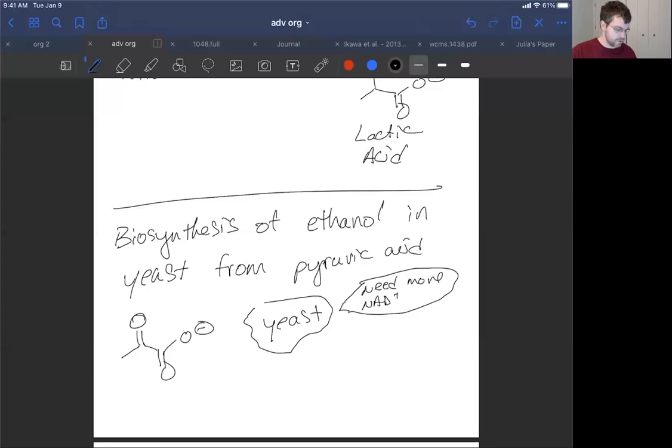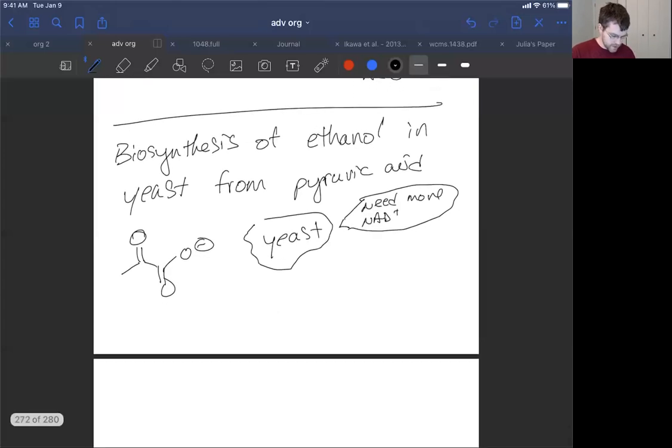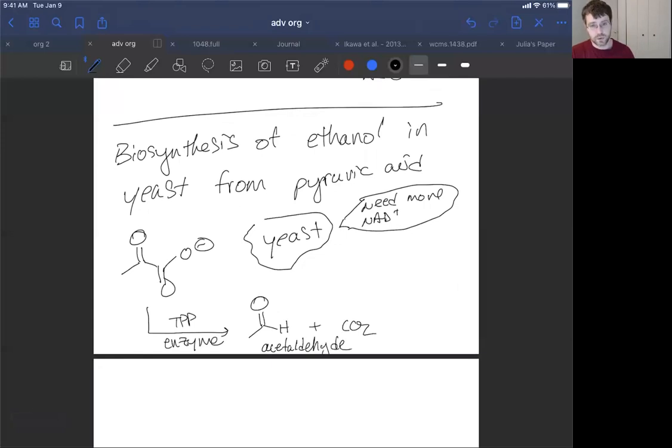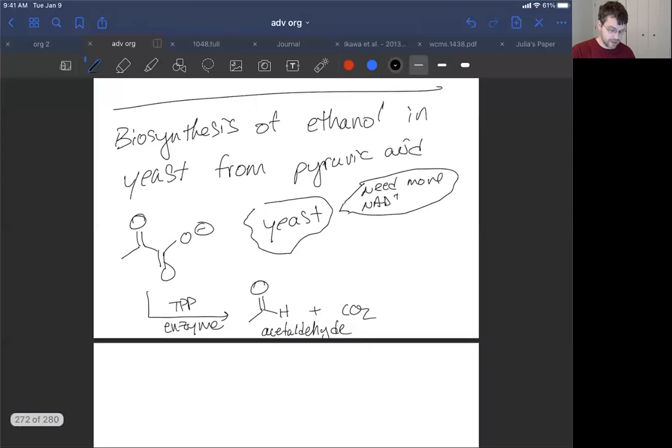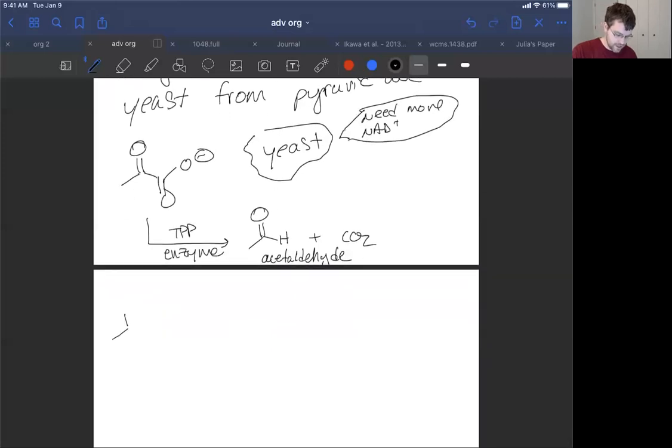And then it takes it through a very interesting process where it couples it with a TPP enzyme, and it loses CO2 to generate acetaldehyde. Now, acetaldehyde is our hangover aldehyde. So these yeast are not feeling good. But what they can do with the hangover aldehyde is reduce it with NADH to make NAD+, because that's what they need. They don't have oxygen. They need the NAD+.